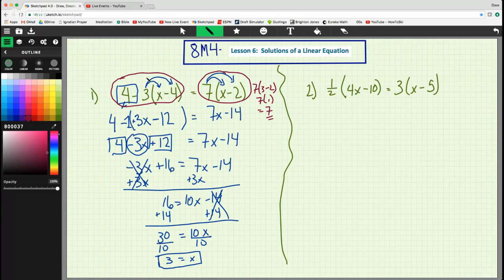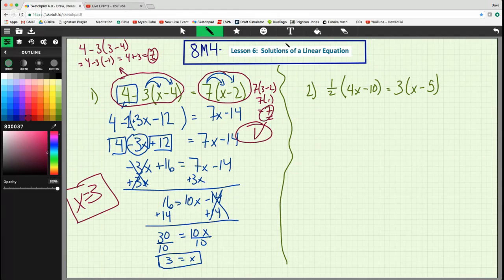If I get 7, then I've correctly solved my problem. So 4 minus 3 times 3 minus 4. Well, that equals 4 minus 3 times -1. Well, -3 times -1, 4 plus 3, that equals 7. So check, this works. x equals 3 is my answer.